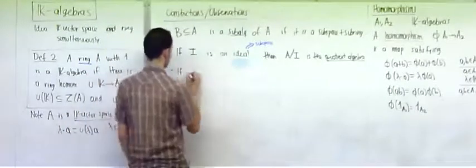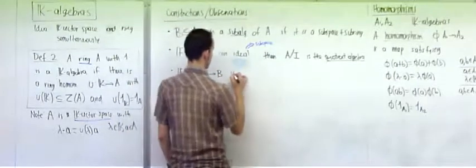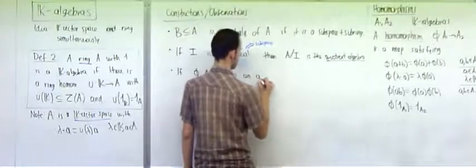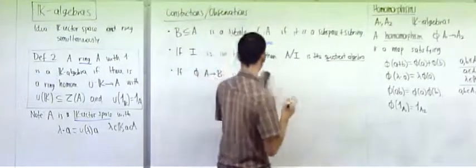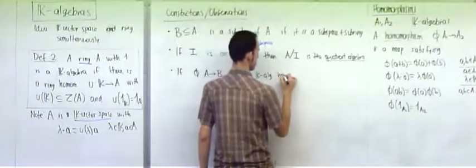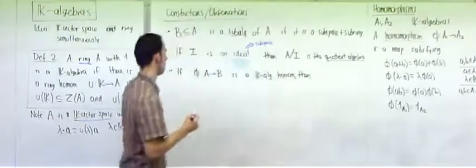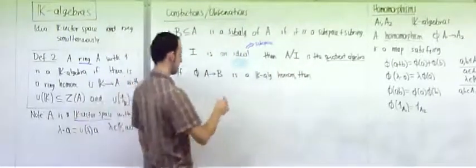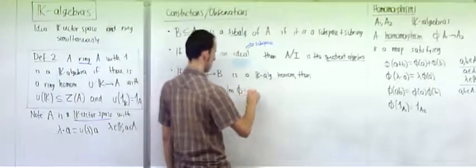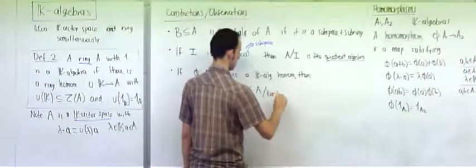So if phi from A to B is a K algebra homomorphism, then the image of phi is going to be isomorphic to A mod the kernel of phi.